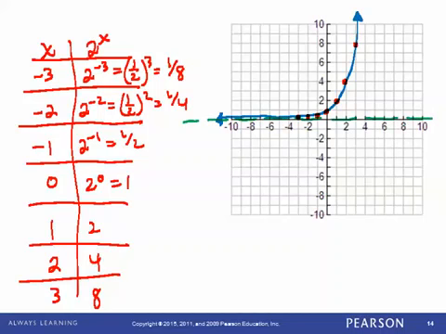You should say, you know what, that it's going to get close to 0 but never touch 0. Finishing up, go for it.